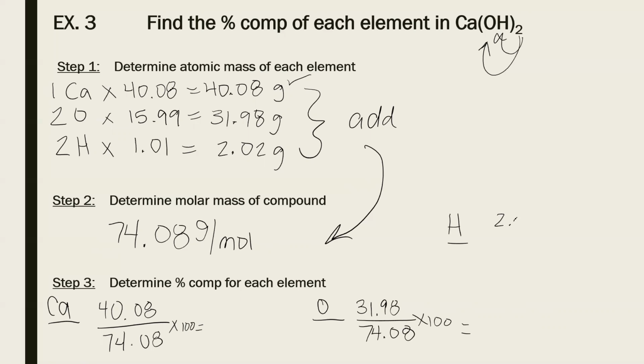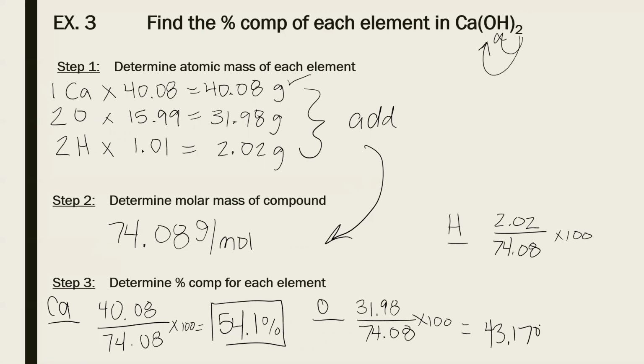And then hydrogen, there were 2 over the molar mass times 100. So the percent calcium, I get about 54.1. Technically 10, but zeros are insignificant at the end. Oxygen, I get about 43.17. And hydrogen, I get about 2.73.